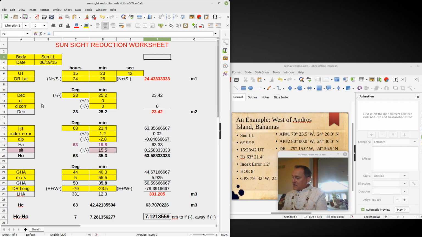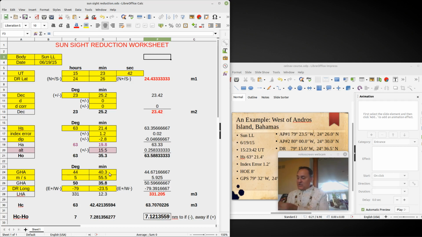let me get to the actual page. Here we go. So on June 19th, at a universal time of 1500 hours, it says that the Greenwich hour angle of the sun on that day is 44 40.3. And that value goes here, 44 40.3.